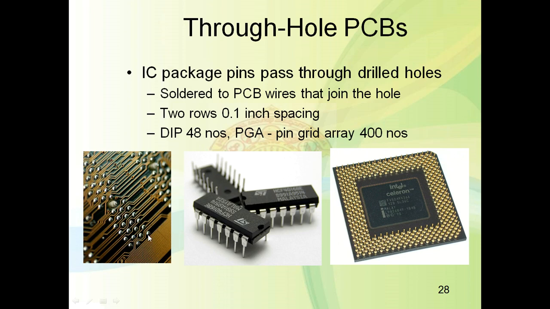There is a connection from the top layer to the bottom layer using a hole, and metal is poured into that hole. You can see the solder metal here. Since the connection is through a hole with metal poured in, the name is through hole PCB.